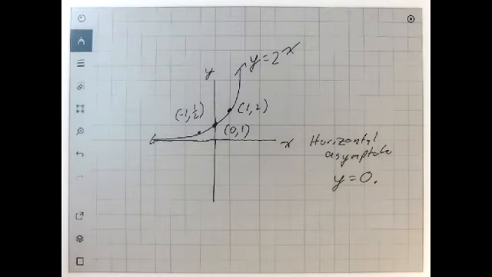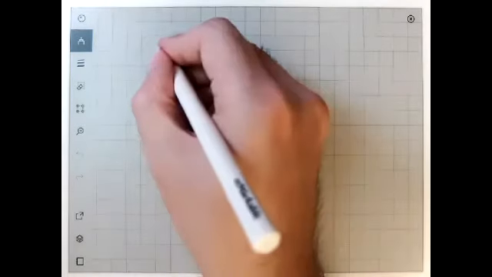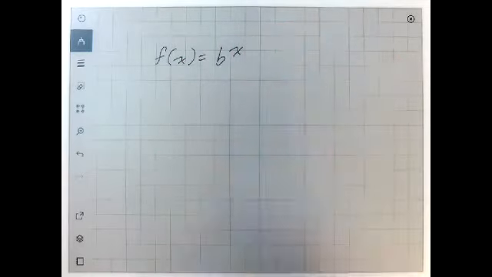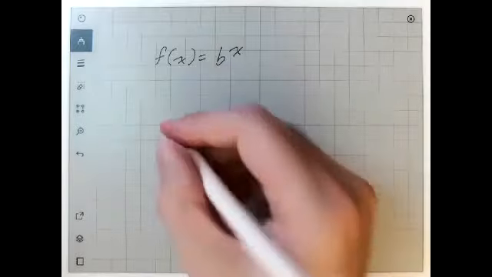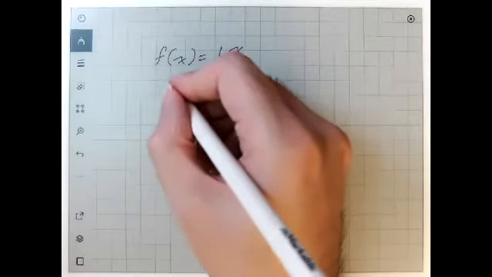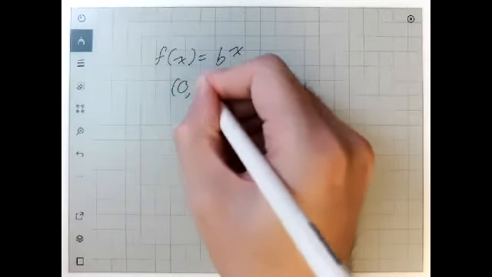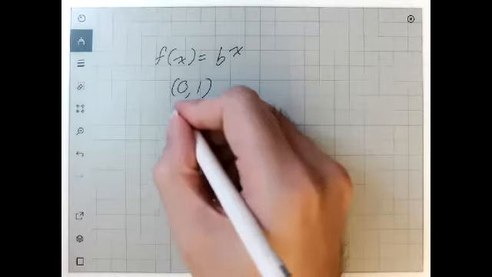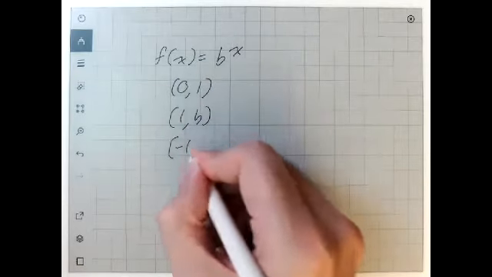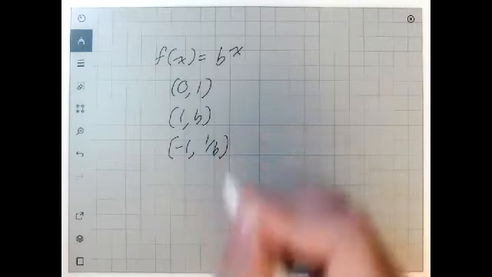This will always work out. So in general, when you have a function f of x equals b to the x, you're always going to go through the points 0, 1, 1, b, and negative 1, 1 over b.